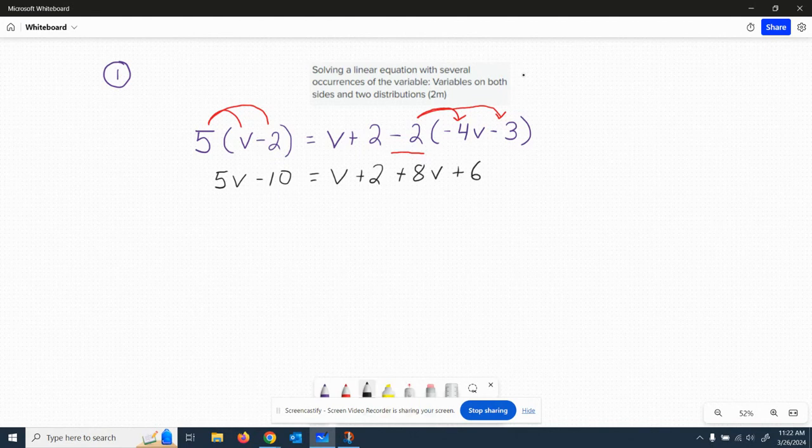All right, now we can combine some like terms. For this one, we can bring down this side. All right, like terms, I've got my v's. Those are like terms. And I've got my numbers.